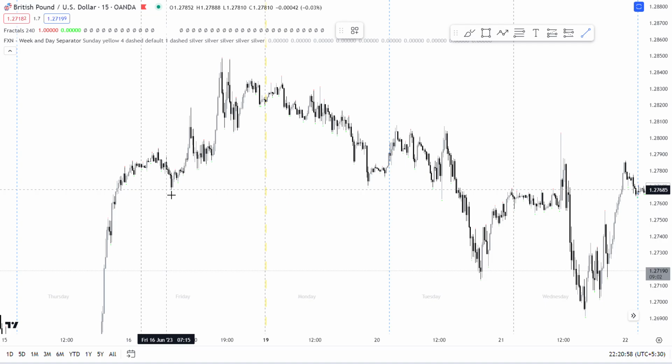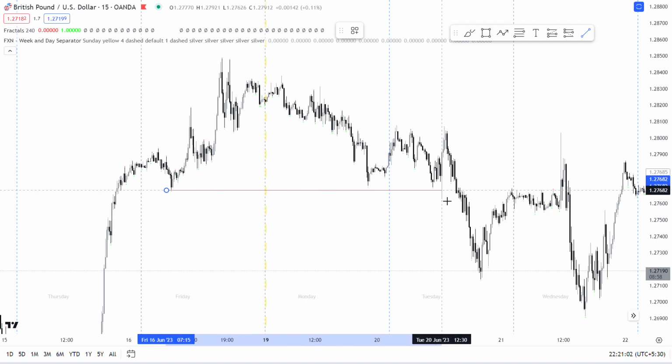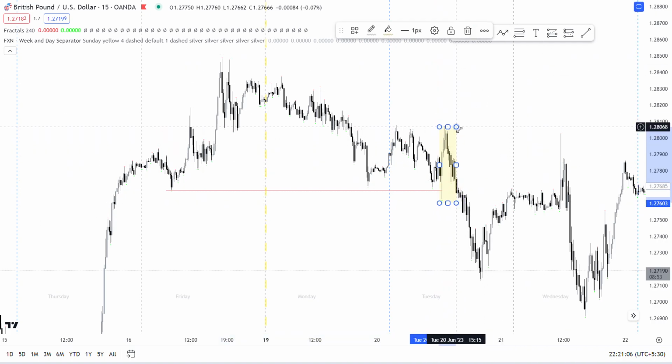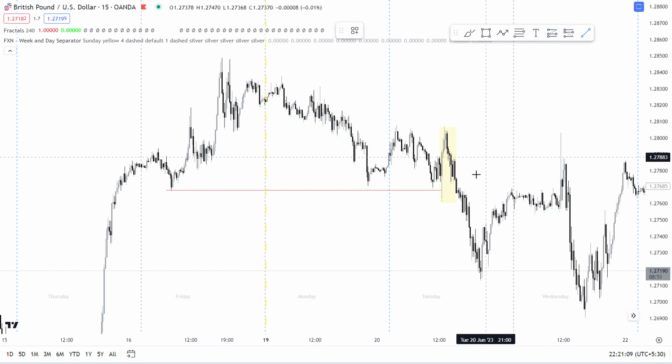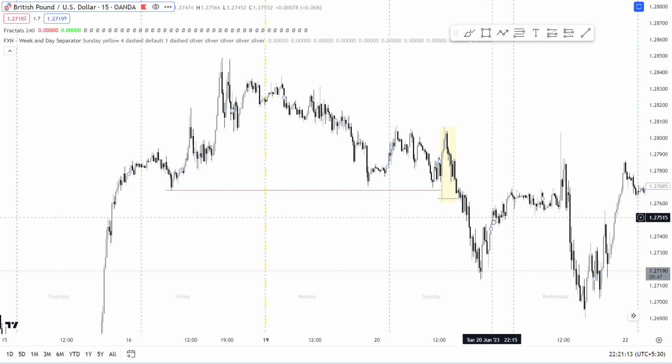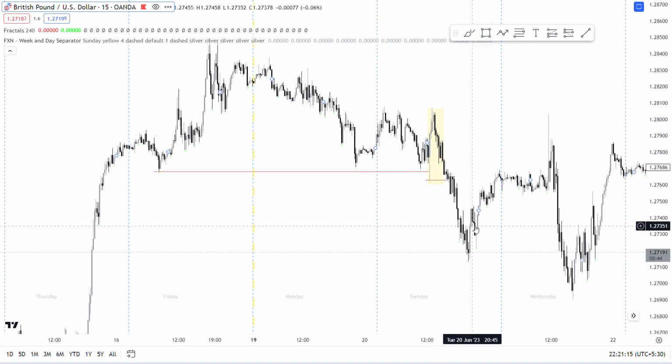If you see here, after taking this liquidity, we got a nice push. Again, after taking this liquidity, we got a nice push.